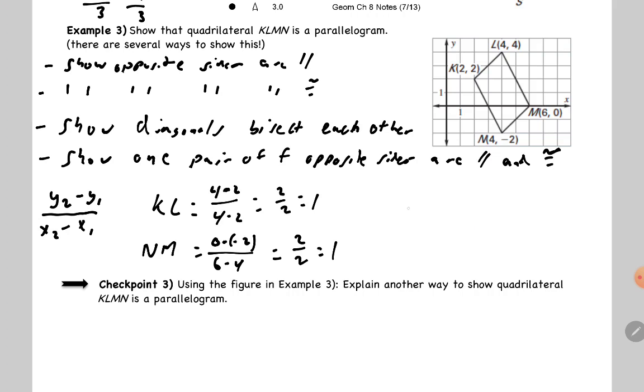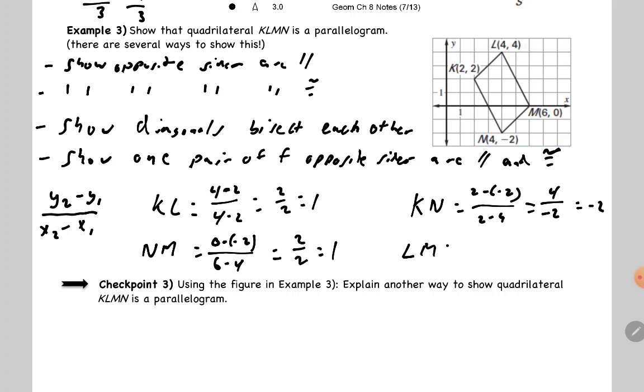Now we're going to look at NK, or KN. So I'm doing the left side now. I'm going to do 2 minus negative 2 over 2 minus 4, and that'll give us 4 over negative 2, which is negative 2.